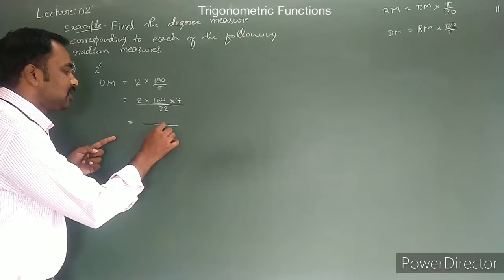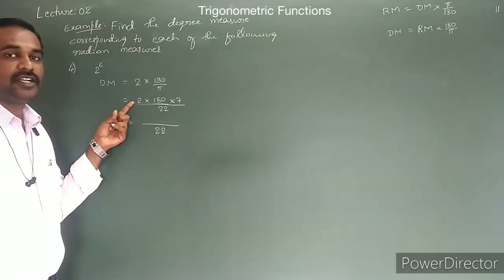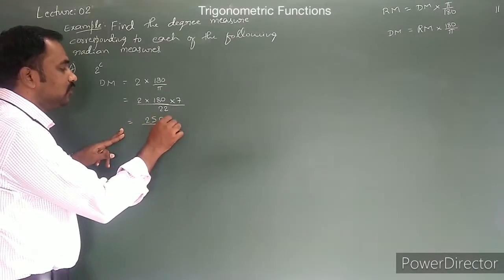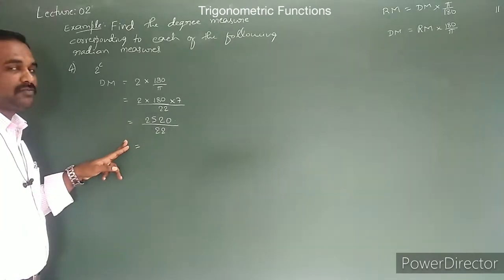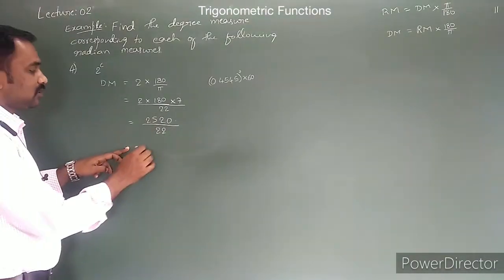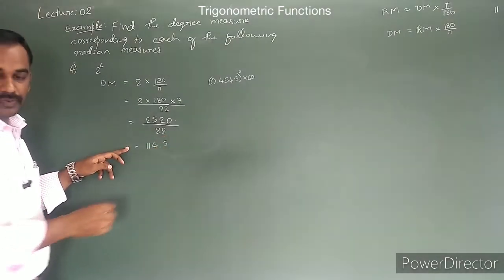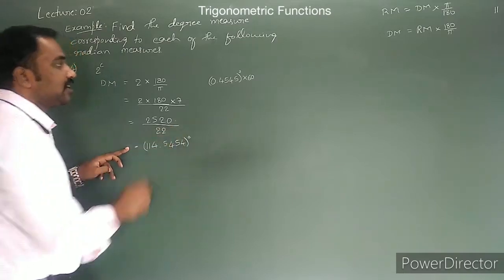Multiply: 2 into 180 into 7 is 2520. Done. This 2520 divided by 22 is 114.5454. It is in terms of degree.